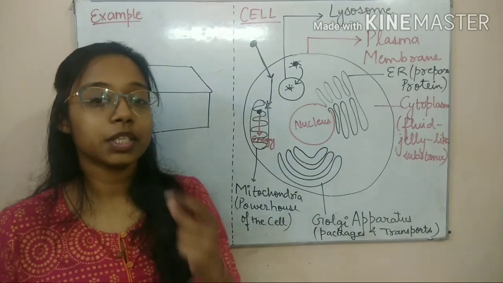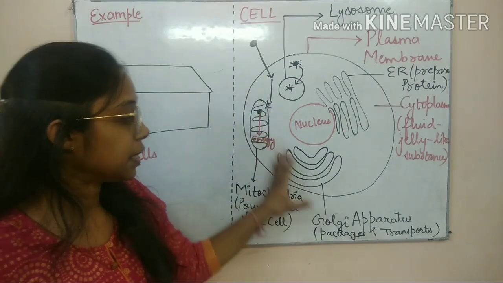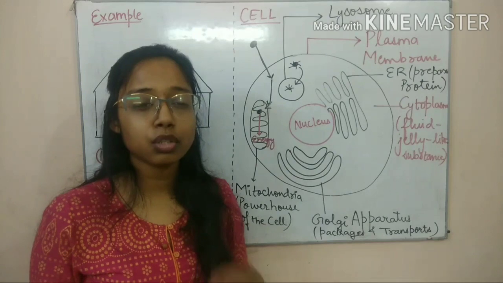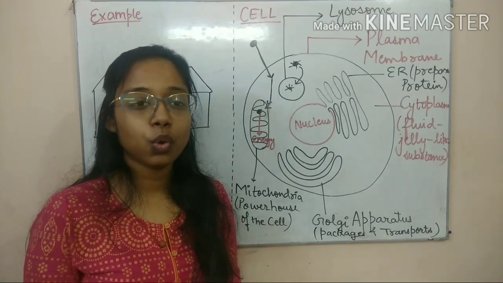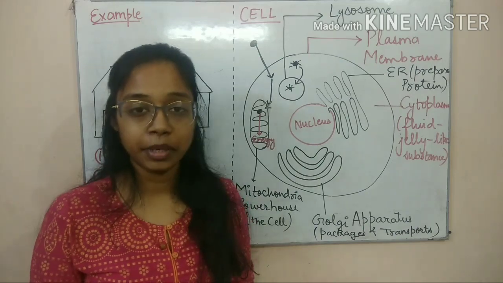Now one very interesting thing this lysosome does is, for example, the machinery of the cell, all the organelles of the cell, are so ill that they cannot be recovered now. They have to die ultimately.